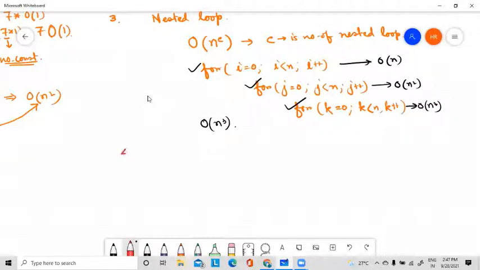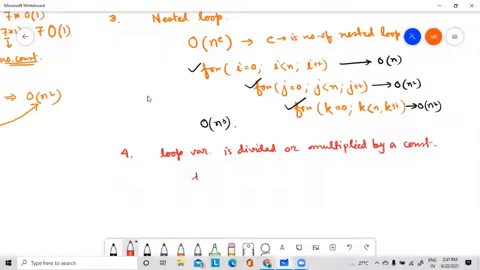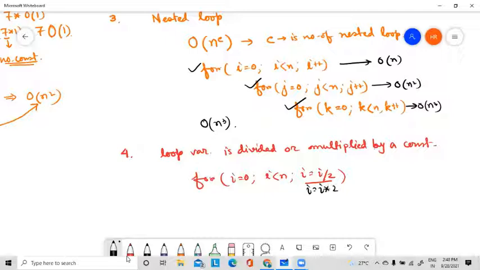Now suppose in your loop condition, the loop variable is divided or multiplied by a constant, like this. Suppose I'm using for i equal to 0, i less than n, i equal to i by 2, or instead of i equal to i by 2, suppose I'm writing i equal to i into 2.